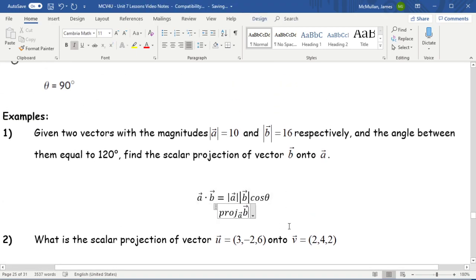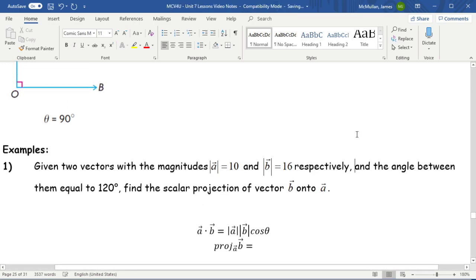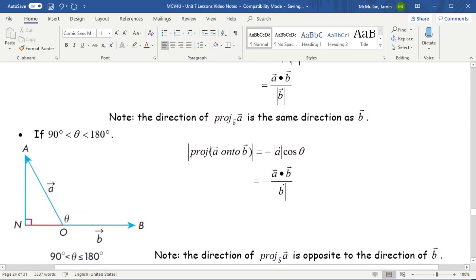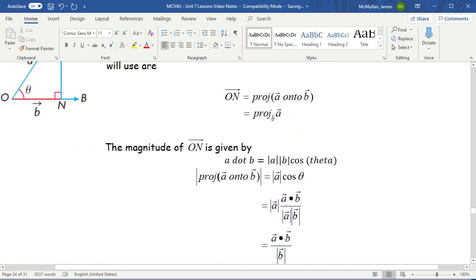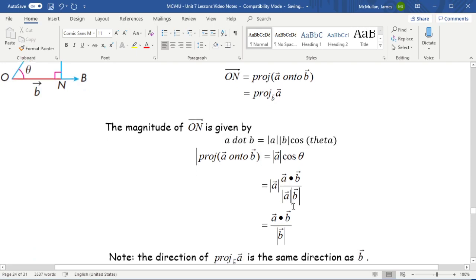Now, the formula says, so let's just go back to the formula for a second. When you're projecting A onto B, it's A dot B over magnitude B. When we're projecting B onto A, it's going to be the same thing.